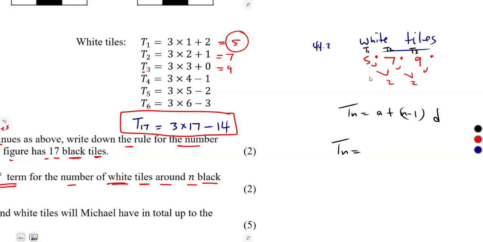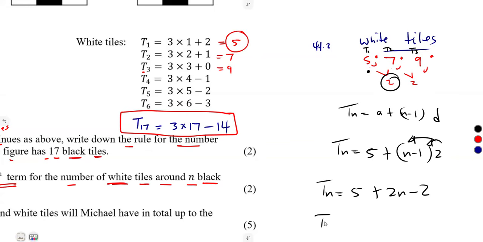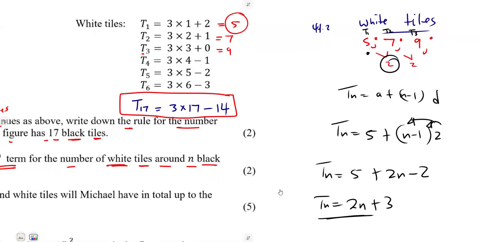So our a, the first term, is 5, plus n minus 1 times d, which is 2. So 5 plus 2 times n, that's 2n, times negative 1, that's negative 2. So here we're going to obtain 2n, and 5 minus 2 is a positive 3. So that is what you are going to have at the end: 2n plus 3. This is for the white tiles, just like that.